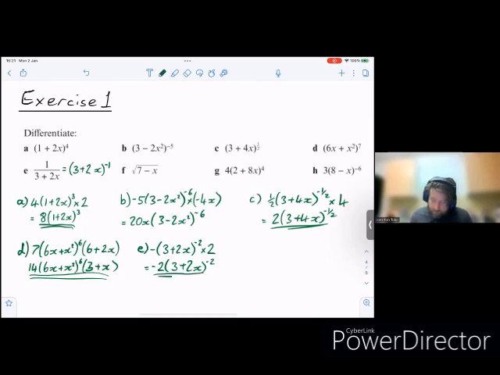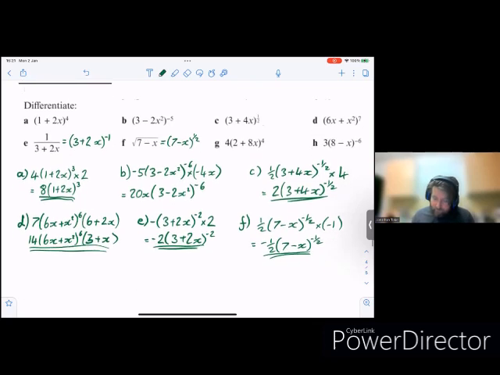And that's E. So for F, again, if we go back up to the question, I'll rewrite F. It needs to be written as 7 minus x to the 1/2. So for F it becomes 1/2, 7 minus x to the -1/2, times by -1, because when we differentiate 7 minus x, we get -1. And that simplifies to -1/2, 7 minus x to the -1/2.